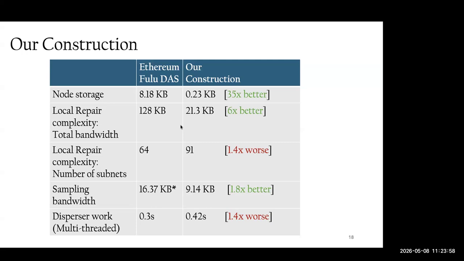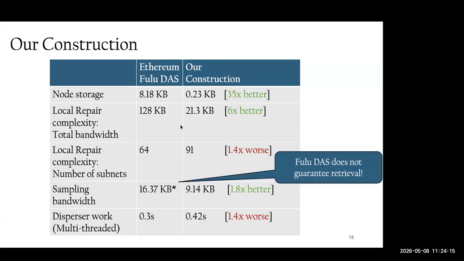So especially if you have a lot of cores, then we get about 40% extra overhead. So this is a bit of a problem, but we believe this is still reasonable because, for example, in Ethereum, the block builders are actually very efficient. So it's fine even if they have to do 40% extra work because we're getting a lot of savings in other metrics. And the star here denotes that actually the retrieval guarantees of Ethereum are much weaker than our scheme.